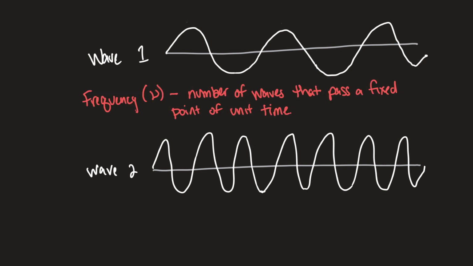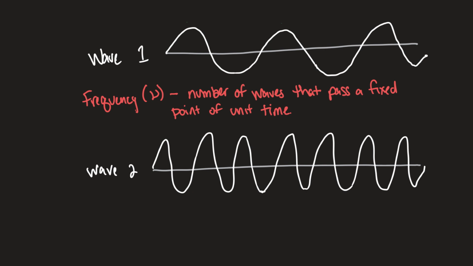Now, another aspect of waves that we typically like to measure is what we call frequency. Frequency is the number of waves that pass a fixed point in a unit of time. So let's just assume that wave one and wave two are both in the same unit of time.